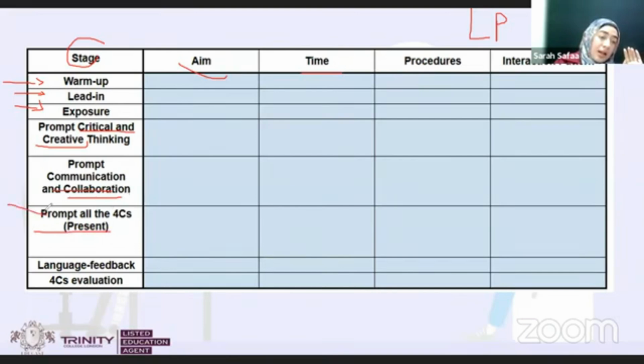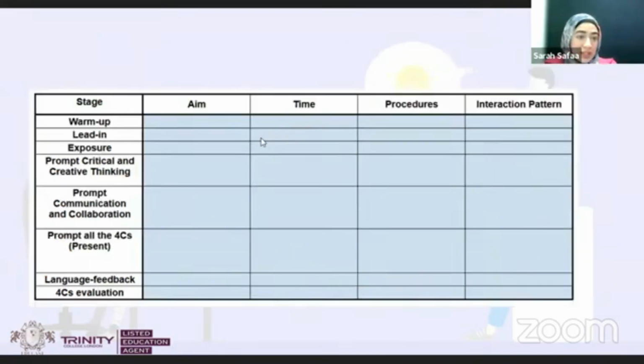Then I make my students apply all the previous skills into one task, which is the presentation, because I feel like any presentation is the outcome of all the effort that my students have done. After that, for sure, I'm going to give them language feedback. And at the end, I'm going to give them my 4 C's feedback, as I have shared with you before. So let's know more about each stage.